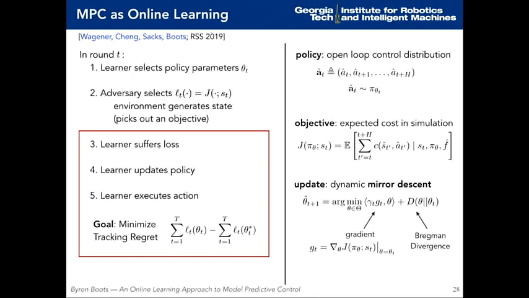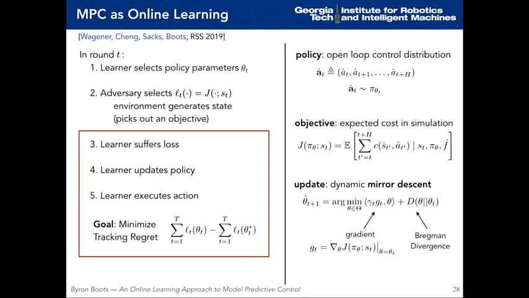And remember that dynamic mirror descent has two steps. In the first step, it's going to perform mirror descent to update the control distribution so that it has lower expected loss on the objective, meaning that it performs better in simulation. And if the cost function or dynamics is complicated, we might approximate this gradient via sampling. I'll come back to that in a few moments.